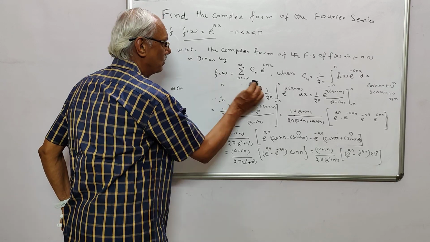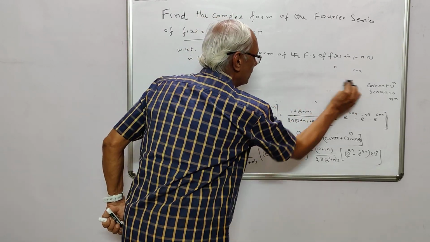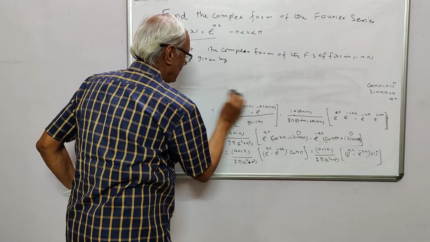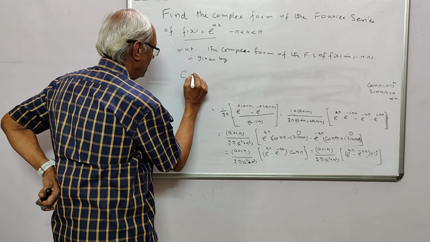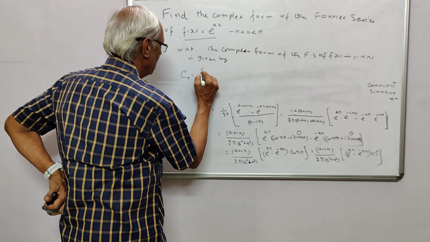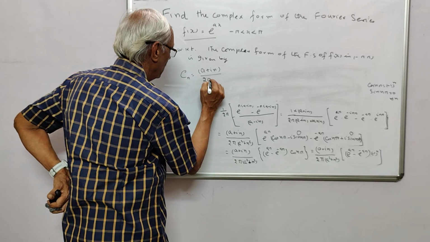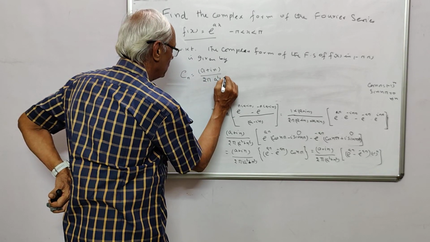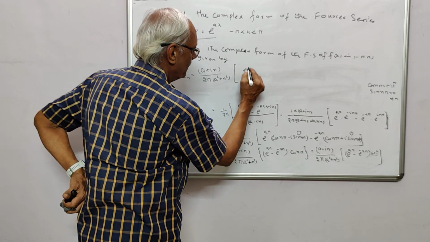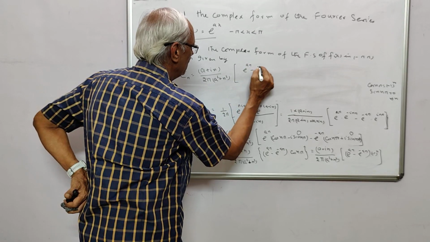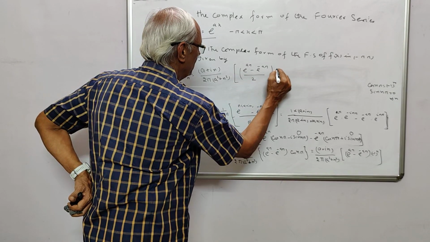So this Cn will be equal to a plus in divided by 2 pi into a squared plus n squared, into e to the power of a pi minus e to the power of minus a pi, divided by 2 and also multiplied by 2.